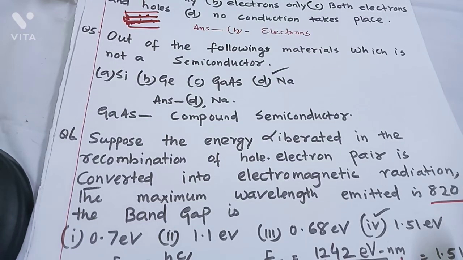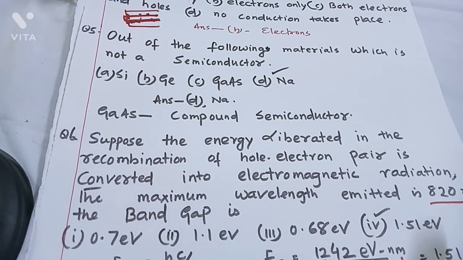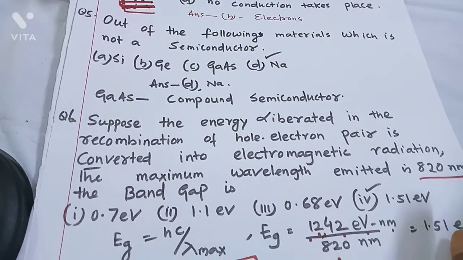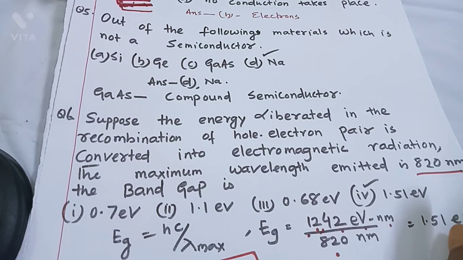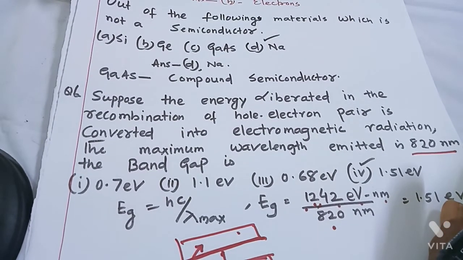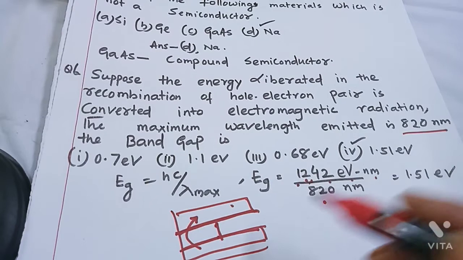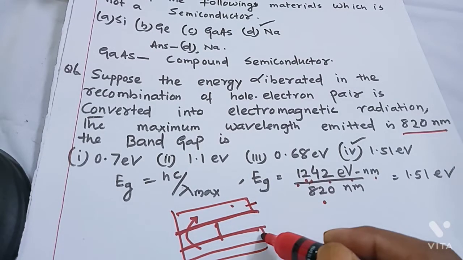Question number 6. Suppose the energy liberated in the recombination of a hole-electron pair is converted into electromagnetic radiation and the maximum wavelength emitted is 820 nanometer. We have to find the band gap. Now consider this is the conduction band and valence band.